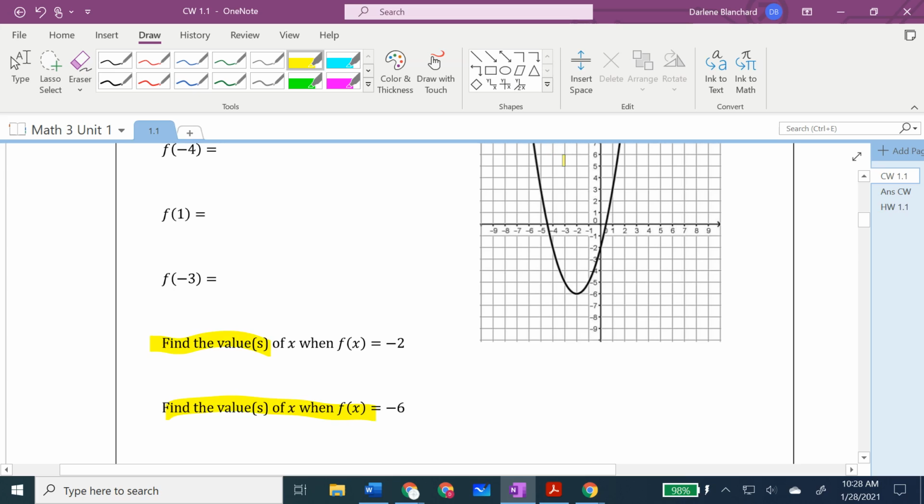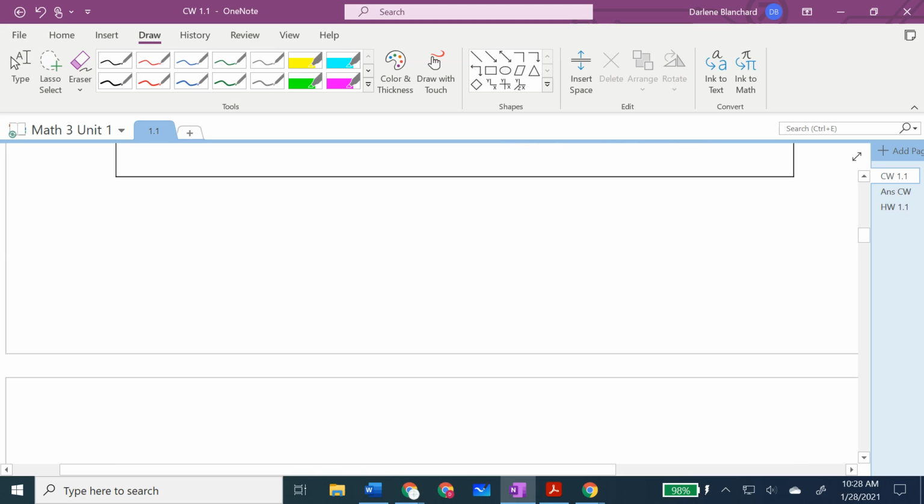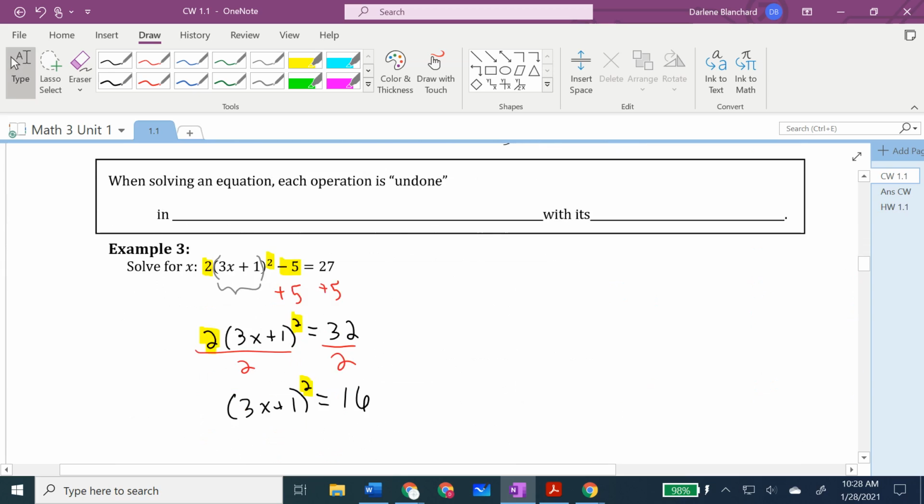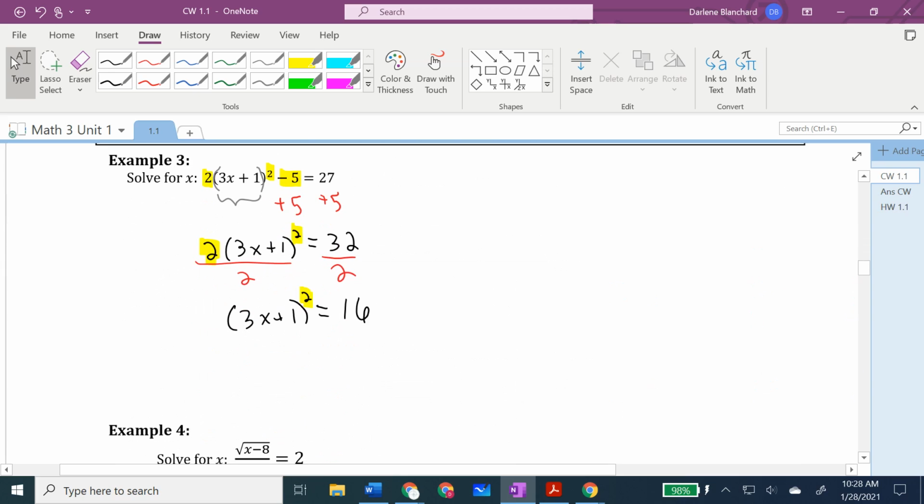You will neglect half of a parabola if you don't put a plus or minus. And this is specifically when you take a square root. So I'm going to put a square root on top of both of those. And as I do that, I'm going to throw a plus or minus sign out in front of one of them.